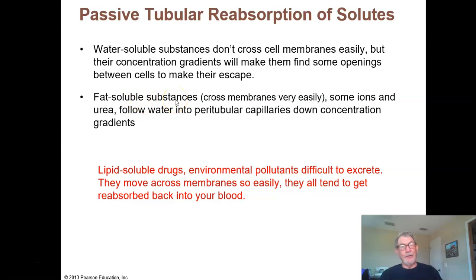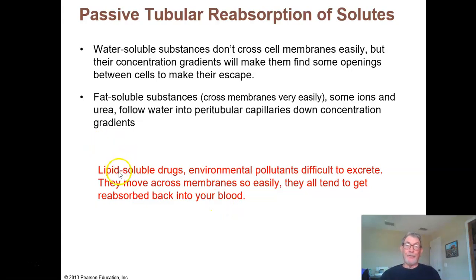Fat-soluble substances we don't control well. They cross the membranes easily because the membranes have a fat center, and so fat crosses fat. And so most of your fat-soluble substances get reabsorbed passively just because they can cross so easily back into the bloodstream. So lipid-soluble drugs, environmental pollutants that are lipid-based, will wind up being reabsorbed back into the bloodstream, and it's hard to get rid of them.